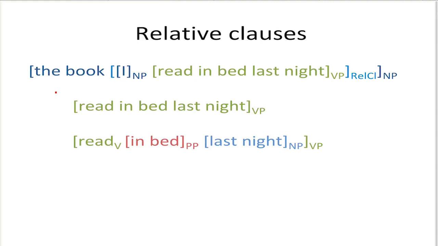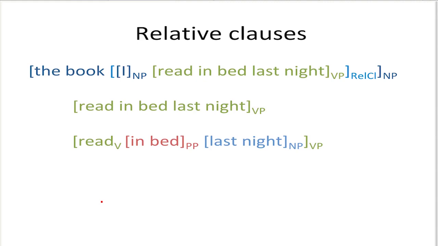In bed is a prepositional phrase which post modifies the head, and last night is a noun phrase which also post modifies the head. It's important to understand that subordinate clauses follow exactly the same rules as other clauses. They have a subject, which is a noun phrase, and a predicate, which is a verb phrase, and you can analyse those noun phrases and verb phrases in the exact same way as you would with an independent clause.